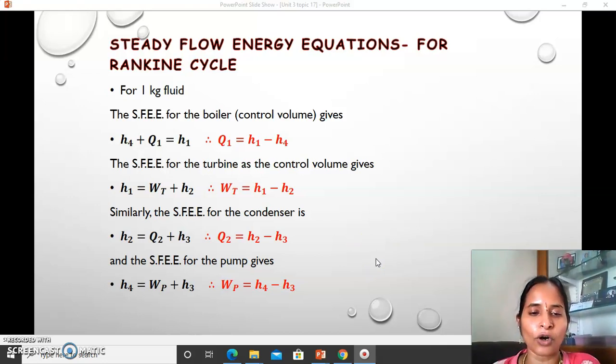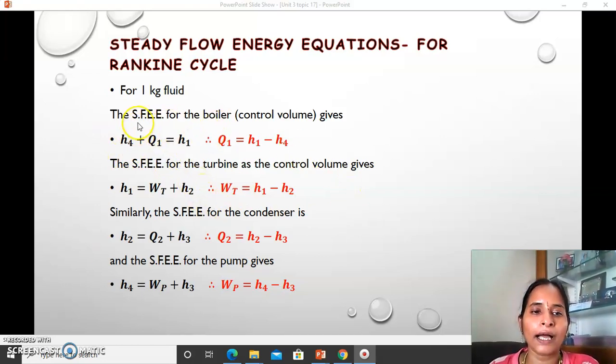The purpose of drawing the PV, TS, HS coordinates is to find out the state properties at the initial and final condition of each and every thermal device. After taking the properties either from the steam tables or from the Mollier chart, they have to be evaluated by using the formulas, right?